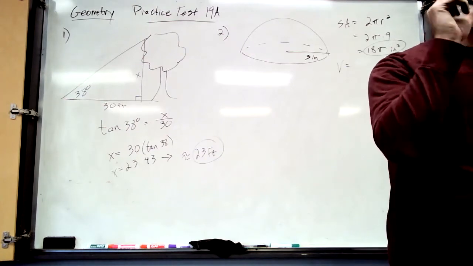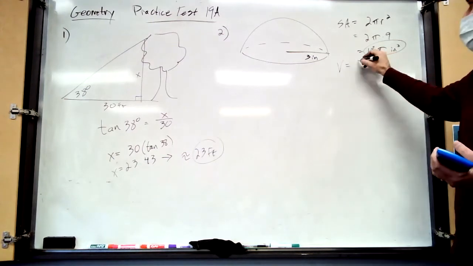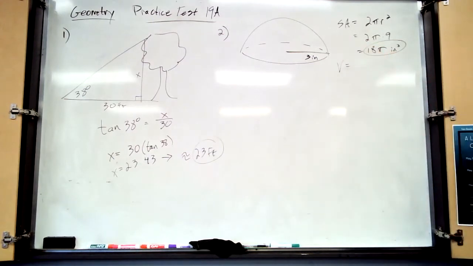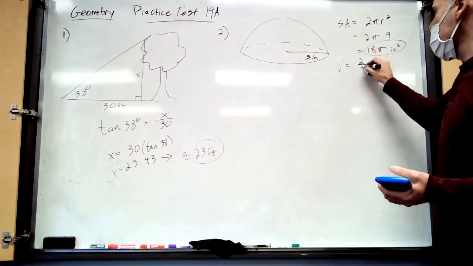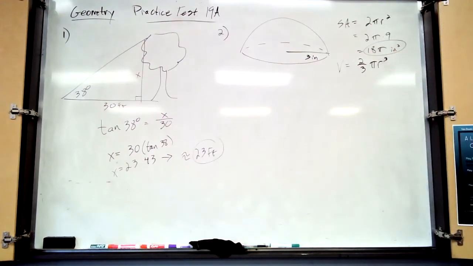A cone is 1/3 area base times height. This is 4/3 pi r cubed, the volume of a sphere. So a hemisphere would be 2/3 pi r cubed, because it's half of a sphere. Instead of 4/3, it's half that many thirds. It's 2/3 pi r cubed.